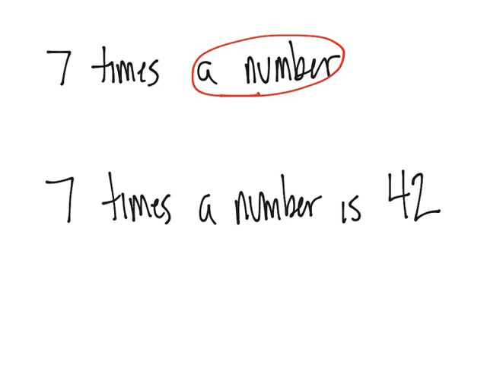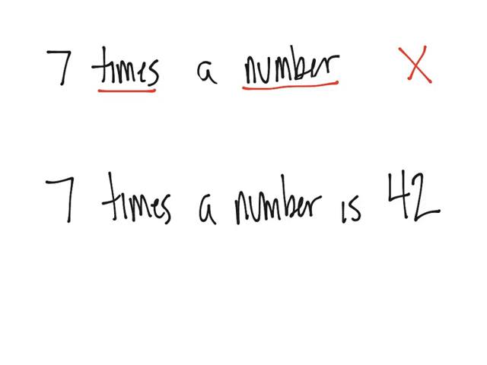So now let's put these different expressions into practice. 7 times a number. We know from our previous screen that the word times refers to multiplication. For our purposes today, whenever we talk about a number, we're going to use x.